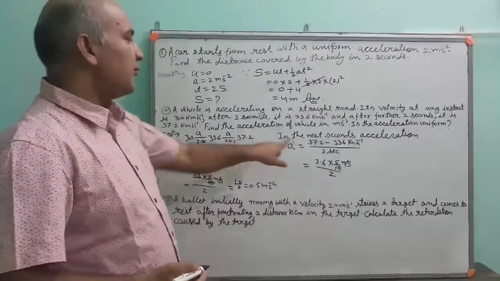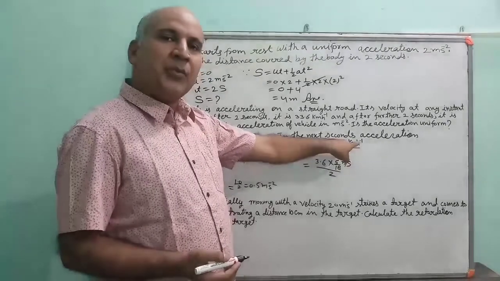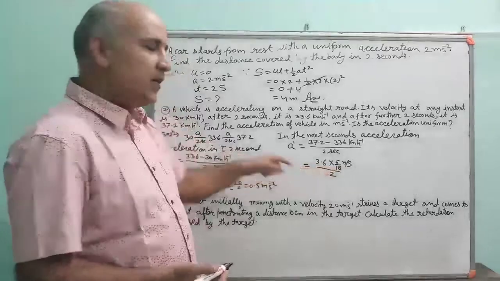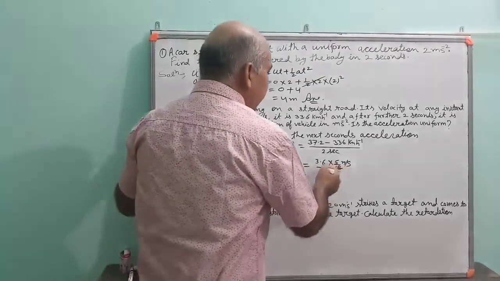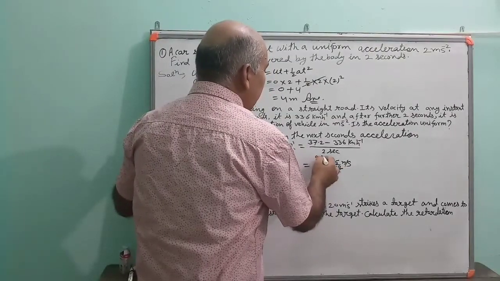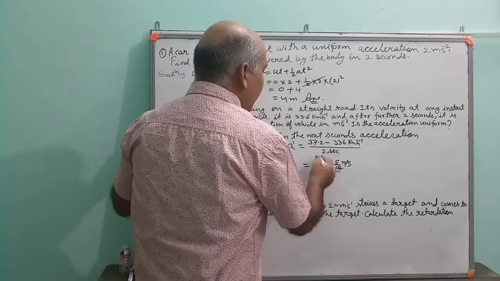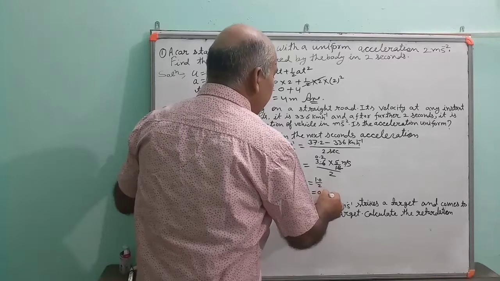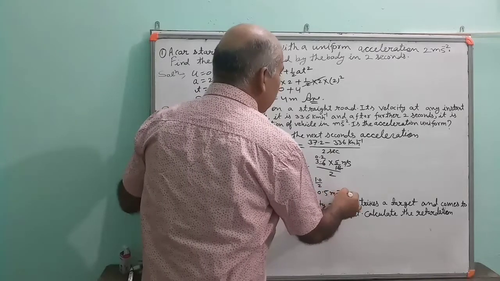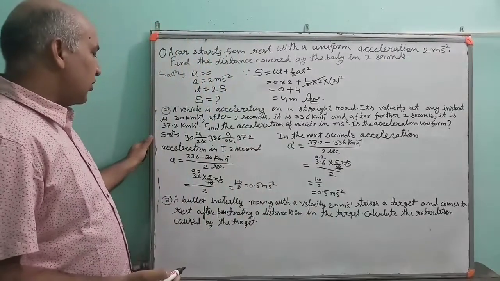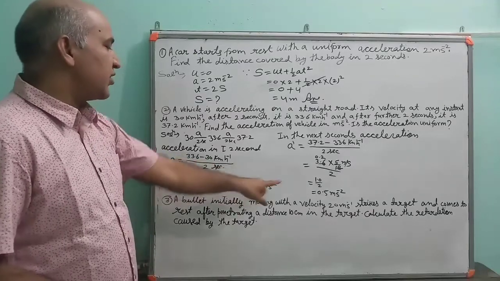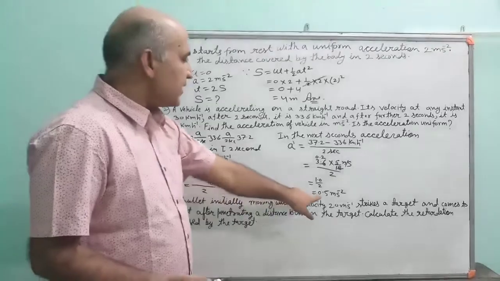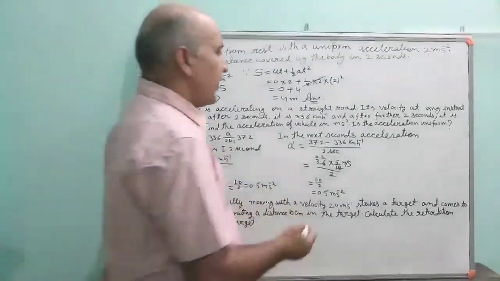Is this understood? Here velocity is kilometer per hour. To change it into meter per second, 5 by 18 is multiplied. Now solve this one. 18 dividing 3.6 coming 0.2. 5 into 0.2 is 1.0 by 2. That means 0.5 meter per second square. You are watching that both the accelerations are equal. First acceleration is also 0.5. Second acceleration is also 0.5.